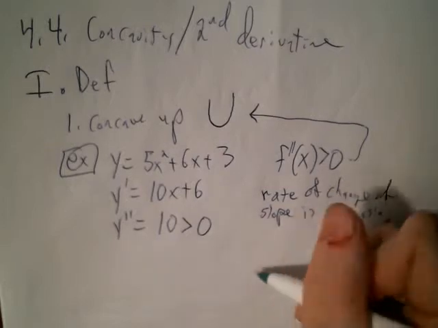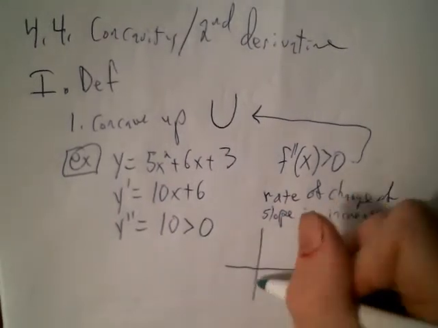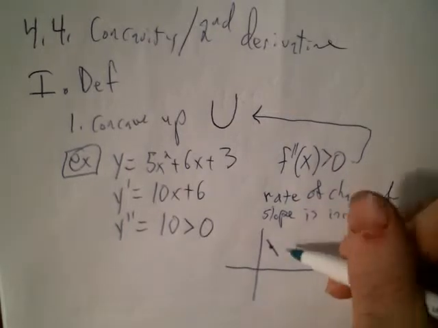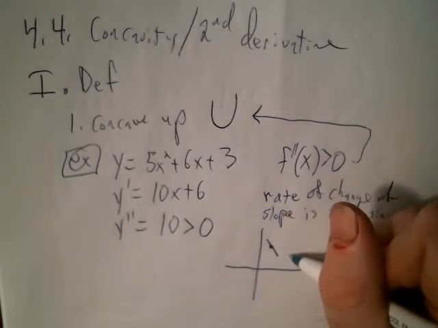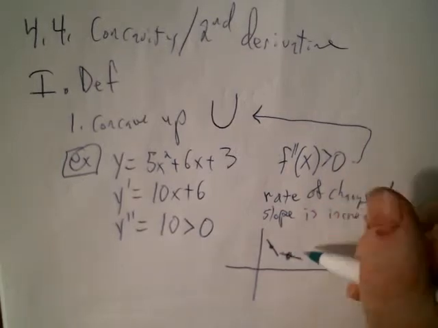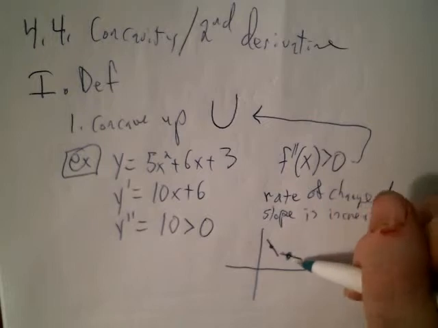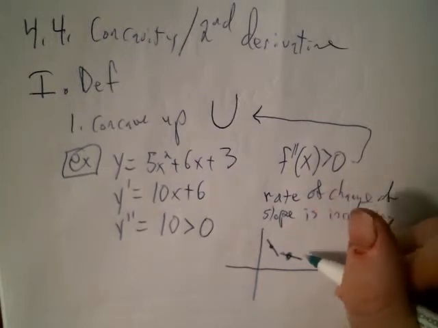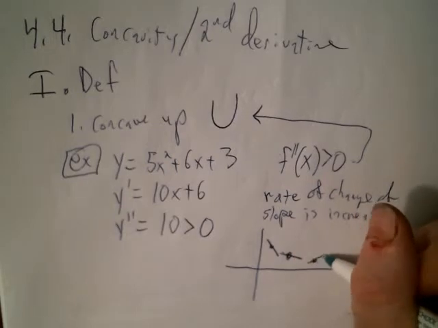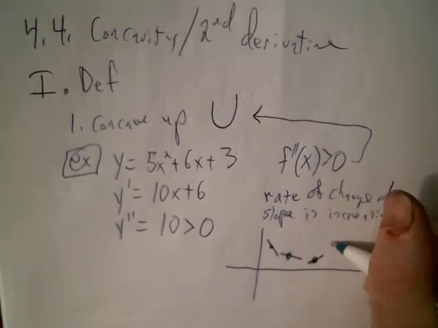So what does that mean? As I go across my graph, the little slope tick marks on the curve are going to be going up. Maybe this slope is negative 2, maybe the slope is negative 1/2, and then it'll go positive and then positive again.